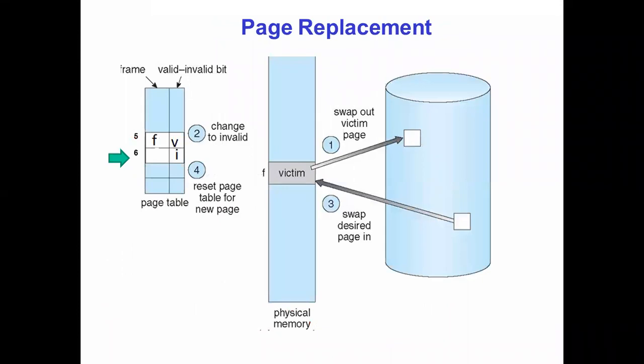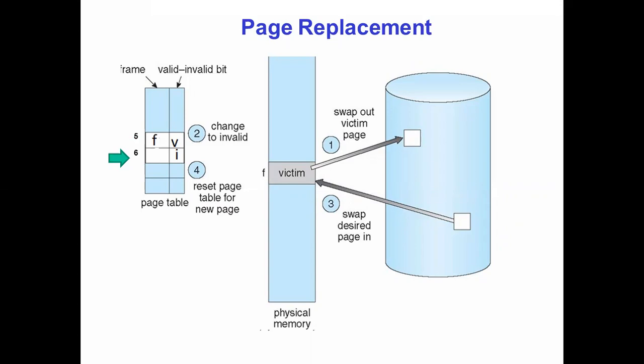Now this is the diagram here you can see for the page replacement. Page replacement occurs if there is a page fault condition. Suppose your process is executing and there is no page in the RAM, random access memory.